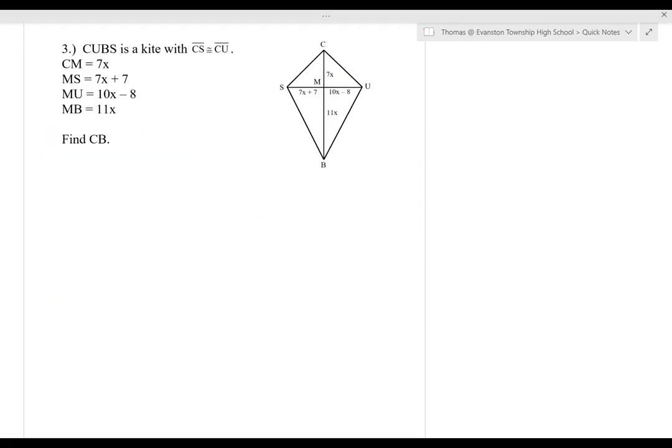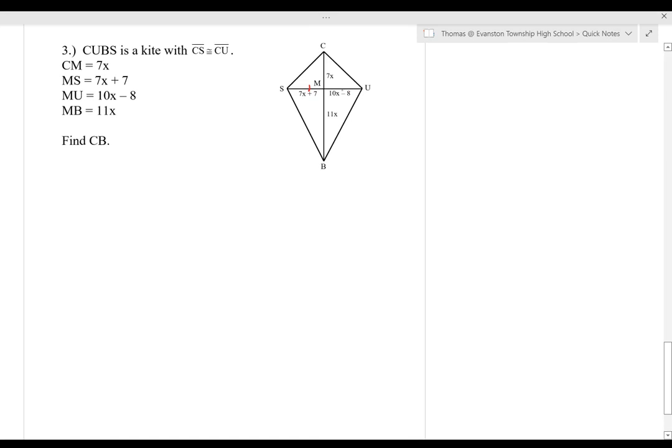Okay, CUBS is a kite with CS congruent to CU, and CM is 7x, MS is 7x plus 7, MU is 10x minus 8, and MB equals 11x. We need to find the length of CB. So I know that these two sides are congruent to each other.